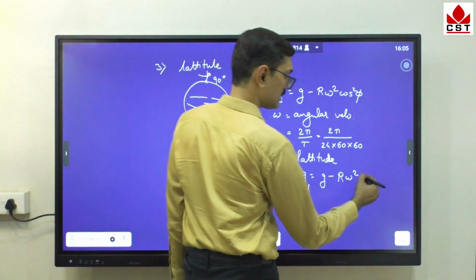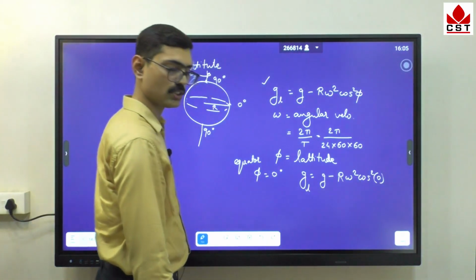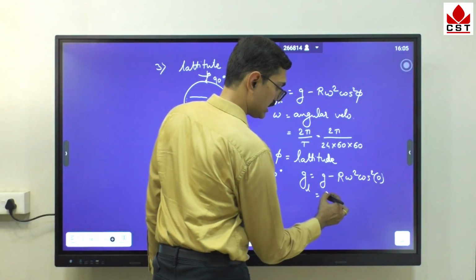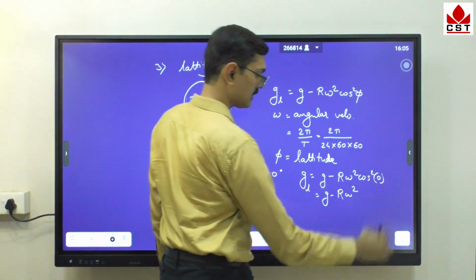Cos square phi is cos square 0. What is cos 0? The value of cos 0 is 1. Therefore 1 square is again 1, and we are getting the smallest acceleration due to gravity, g minus r omega square.